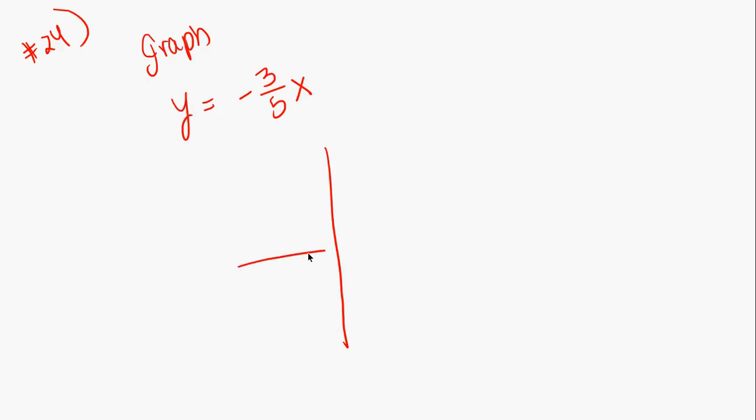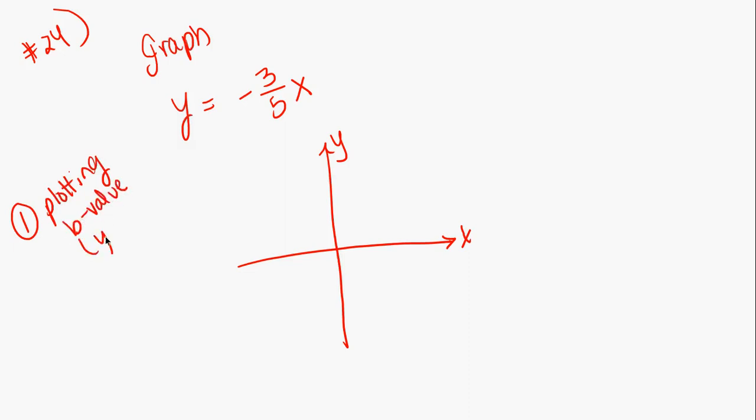So what I like to do for these ones is I start by plotting the b value, or the y-intercept. In this case, our y-intercept, there is none, so it would just be a point at the origin.